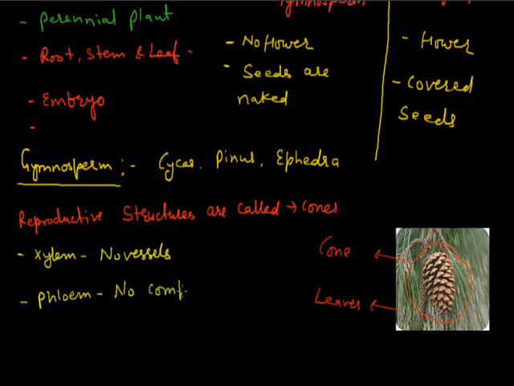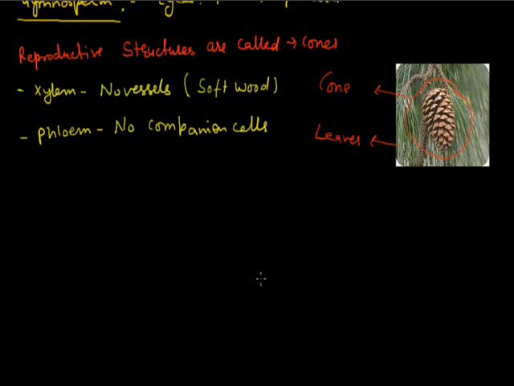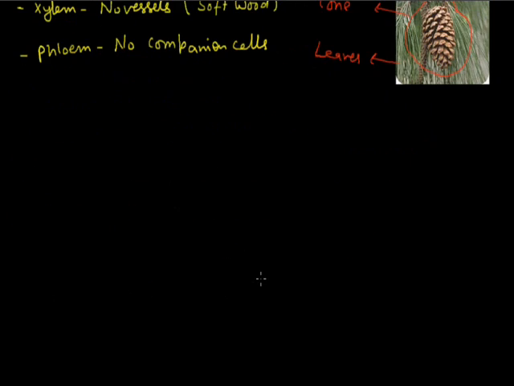So these structures are absent in gymnosperms. In the xylem there is no vessel, so they have soft wood. It means they have no hard wood. In gymnosperms, true leaves, stem and roots are present. The plant body is well differentiated.